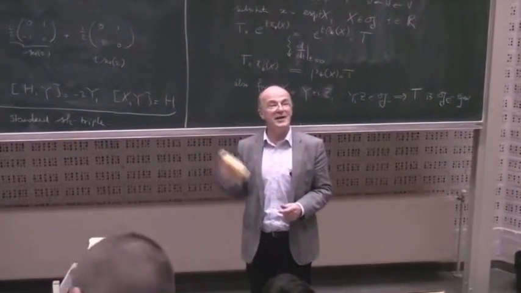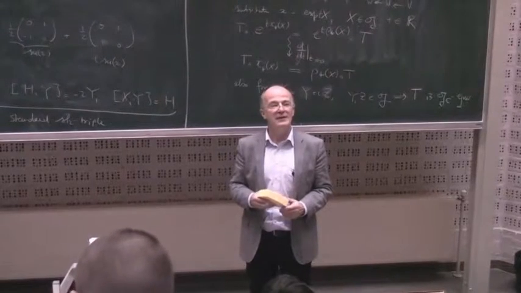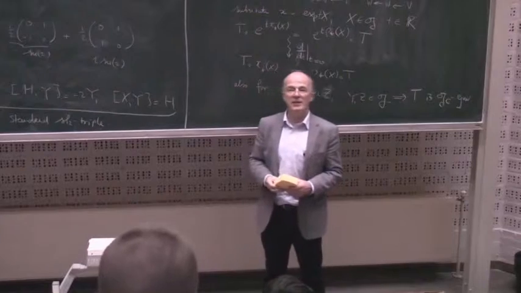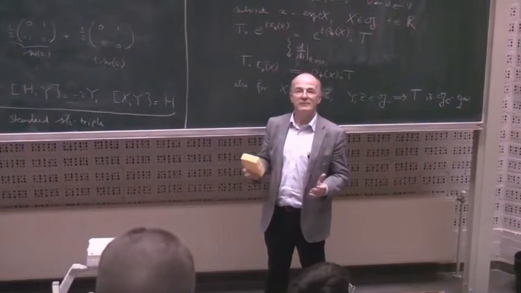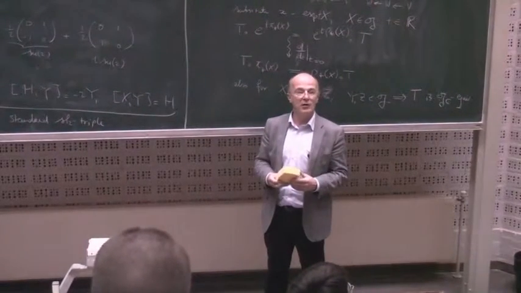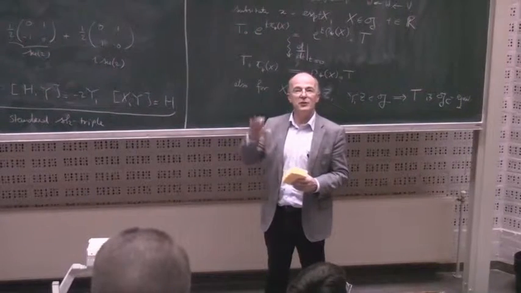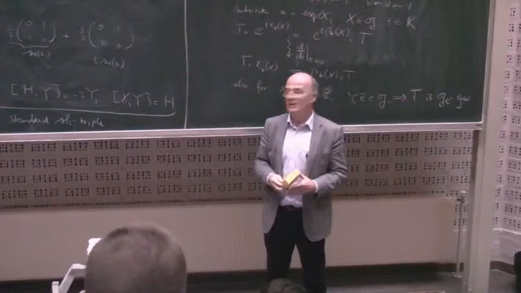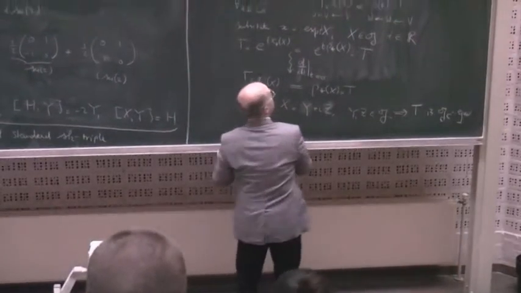And once we know the representation theory of SL2, then we can use that basic representation theory for the general compact Lie group situation by using all those SL2 triples inside the Lie algebra. That's the idea. Okay.